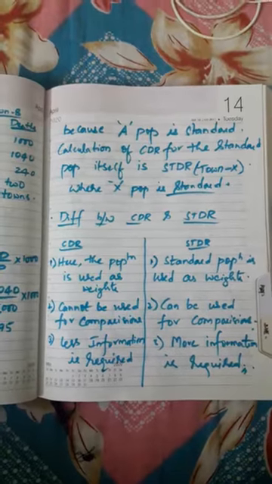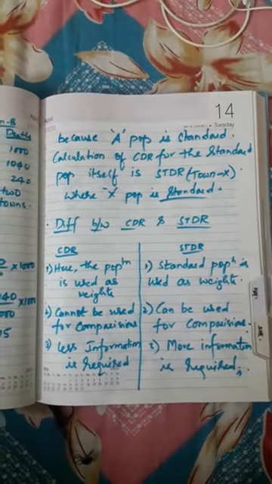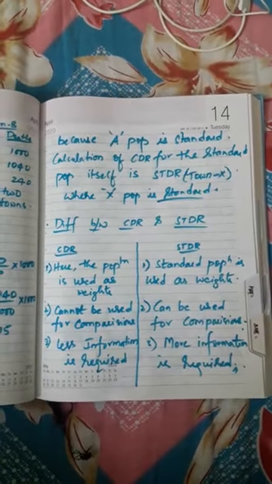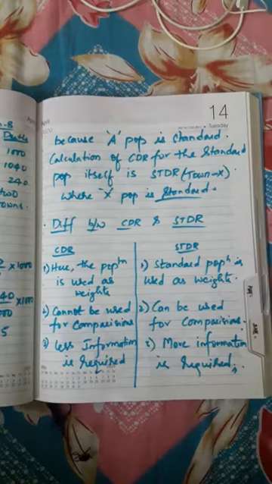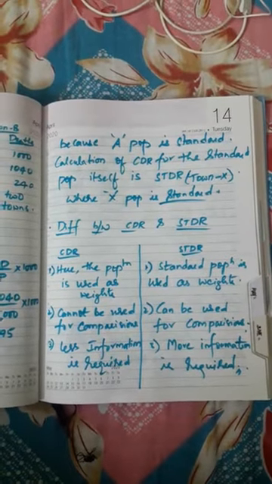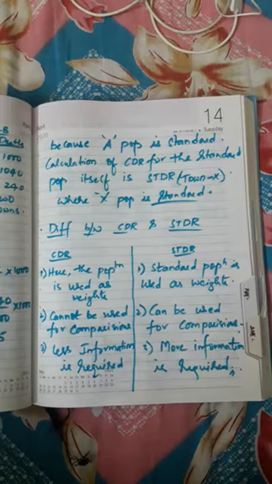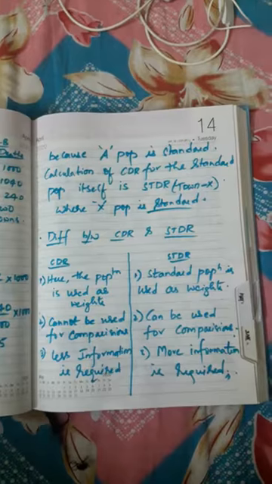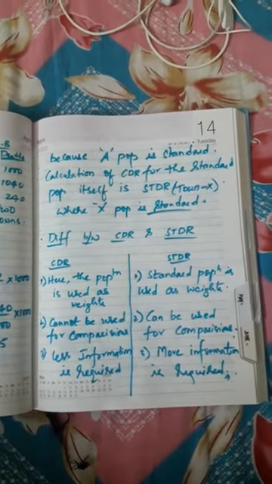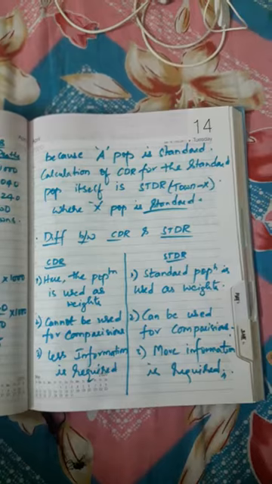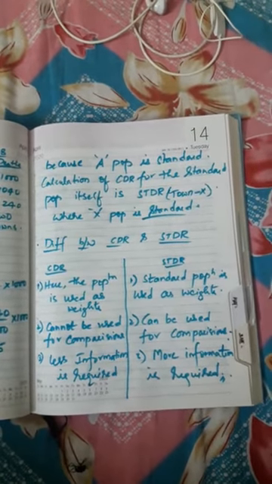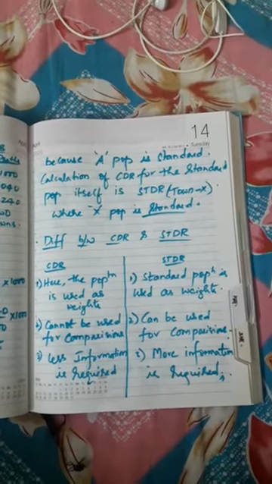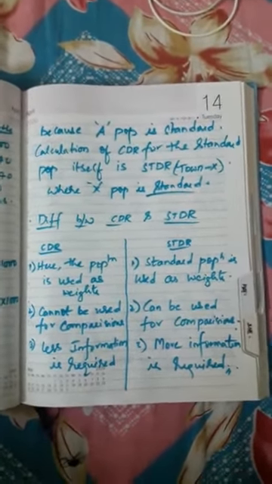The second one is CDR cannot be used for comparisons because it does not consider more information along with the age. Age also matters, because the death rate in a particular age group sometimes will be higher and sometimes very low. Clear? That means for 0 to 9 years the death rate will be very casual, because even small silly health issues may lead to death.